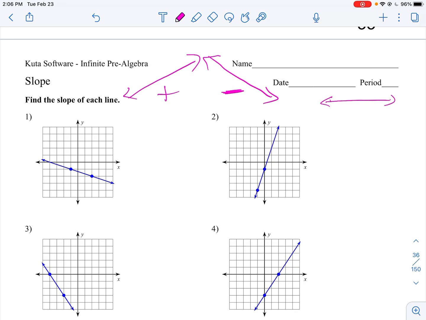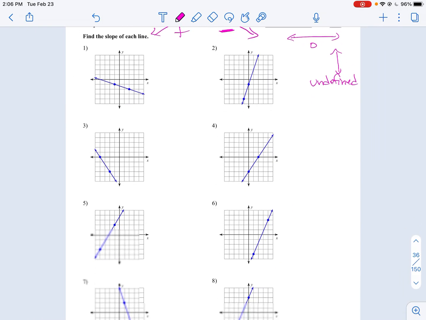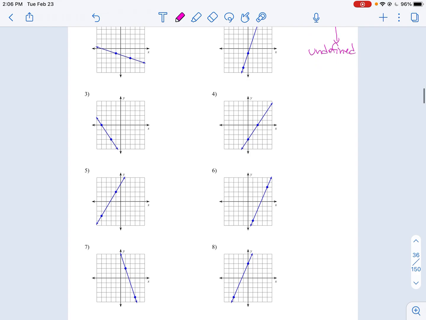If it is a horizontal line, it is 0. And if it is going vertical, then it is undefined.